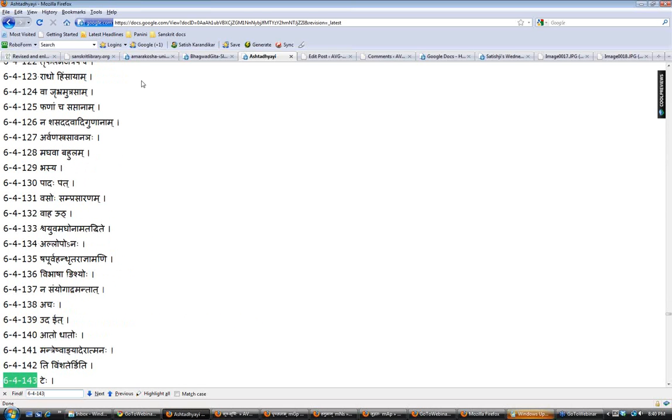But evam tarhi, if that is the case, ritkaranasya kim prayojanam? Anubandhakaranasya kim prayojanam syat? What can be the use of having the dakar as it? Can it have any other prayojanam? Anyat prayojanam na sambhavati. It has no other prayojanam.